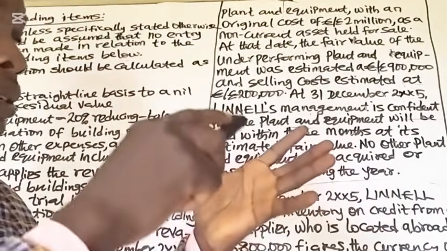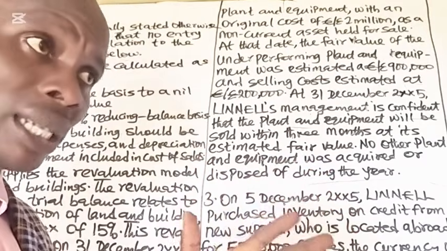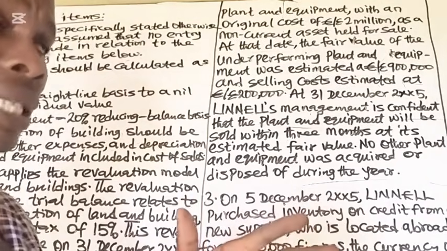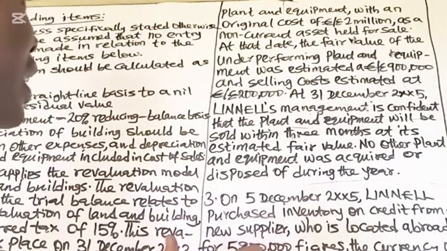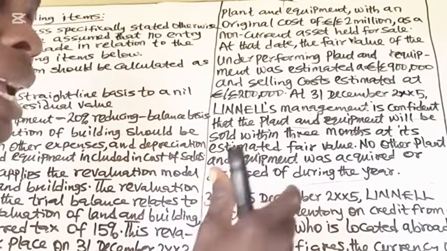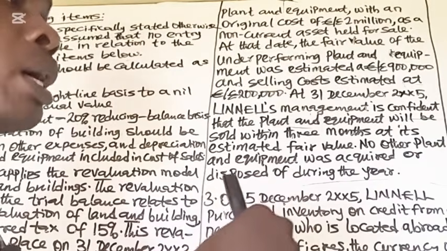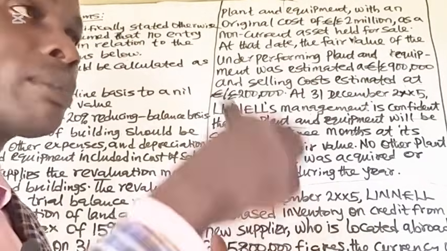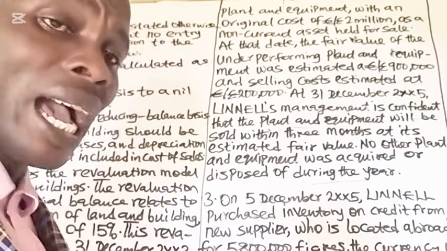That means from January 2003 to December 2003 is 1 year of its life. January 2004 to December 2004 is the 2nd year of the life of that specialized plant and equipment. Then in the 3rd year, from January to September 2005, since the criteria were met on October 1st, that is a period of 9 months in which it had not been classified as held for sale.